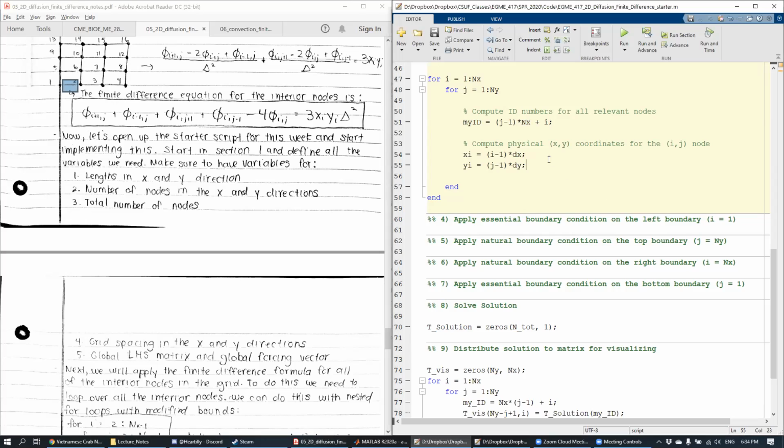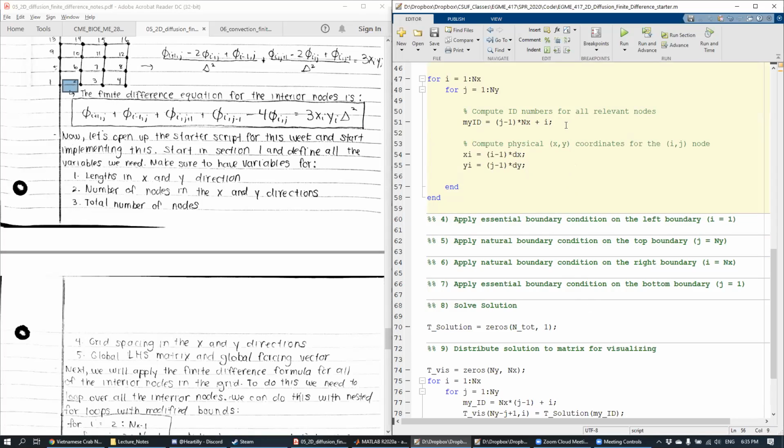Okay. And then by multiplying by I minus 1, what we get is kind of where that node is in the horizontal direction, okay, in terms of the I coordinate. And then by multiplying by dx, we get the physical coordinates of that node, okay. And so that's why we have I minus 1 times dx.